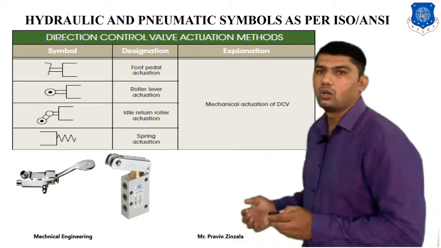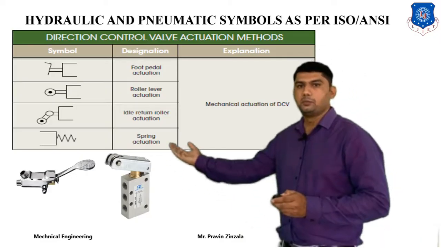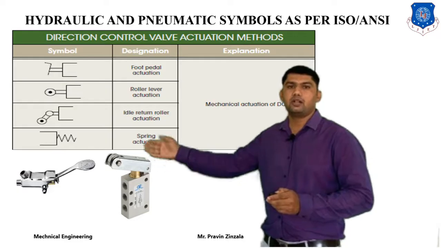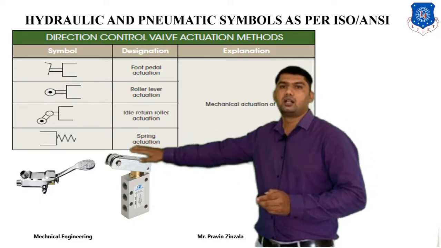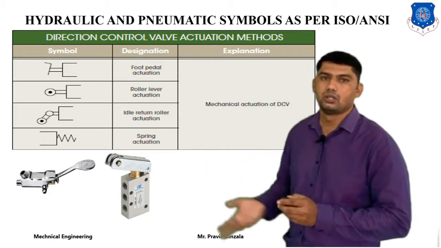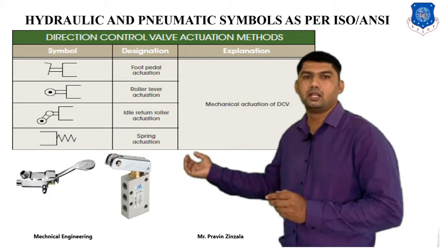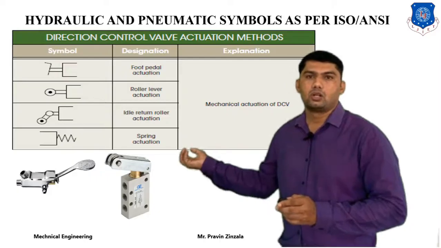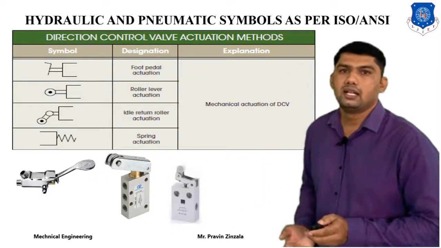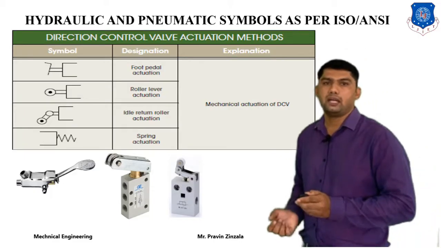The second one is roller lever operated. It is simply a cam and follower type of mechanism. Whenever you apply force at the roller, the valve operates automatically according to requirement. So for automatic operation, the roller lever type direction control valve is used. The next one is the idle return roller type actuator.